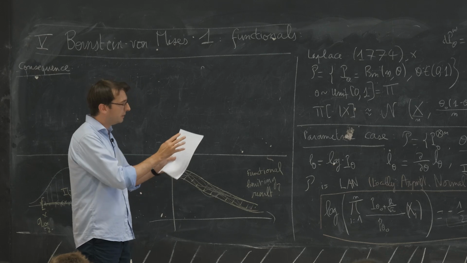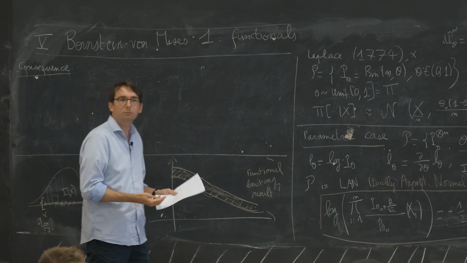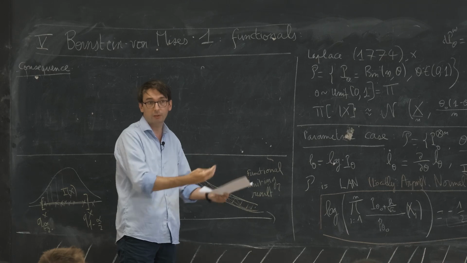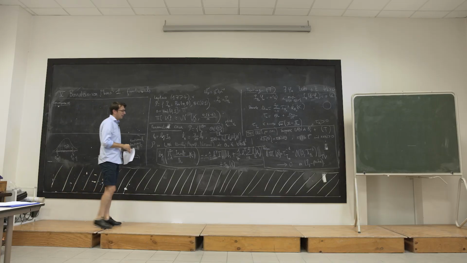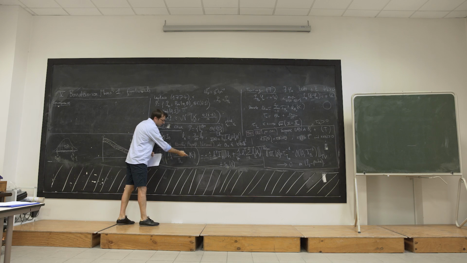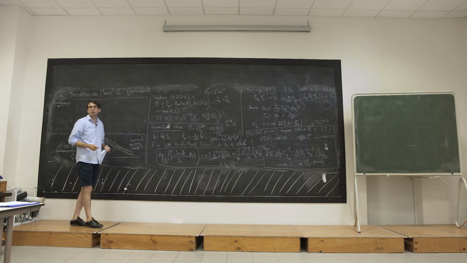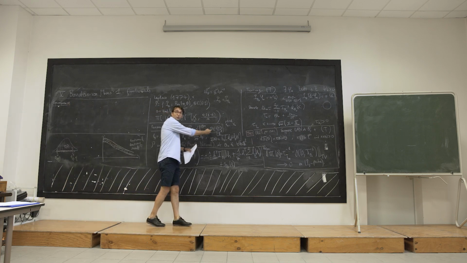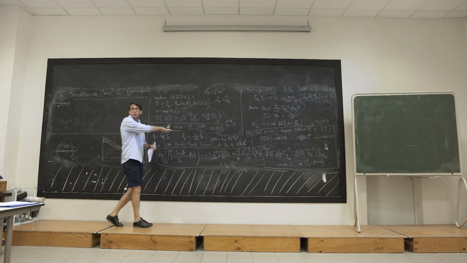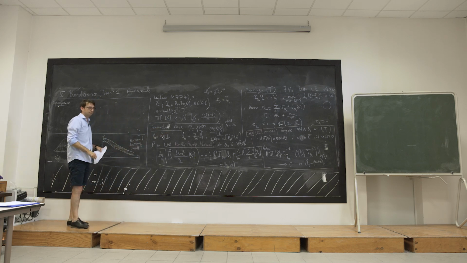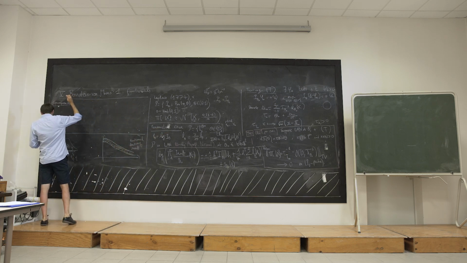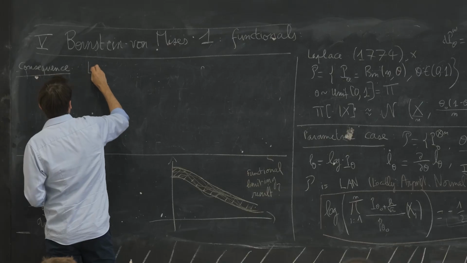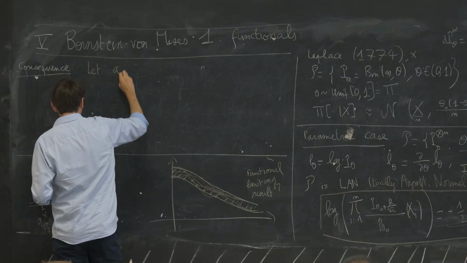In parametric models, people have come up with more general LAN expansions, where instead of taking the product you just take P n, so just your likelihood. You can extend this, but it's a bit more complicated to write down this quantity, so that's why I didn't do it.